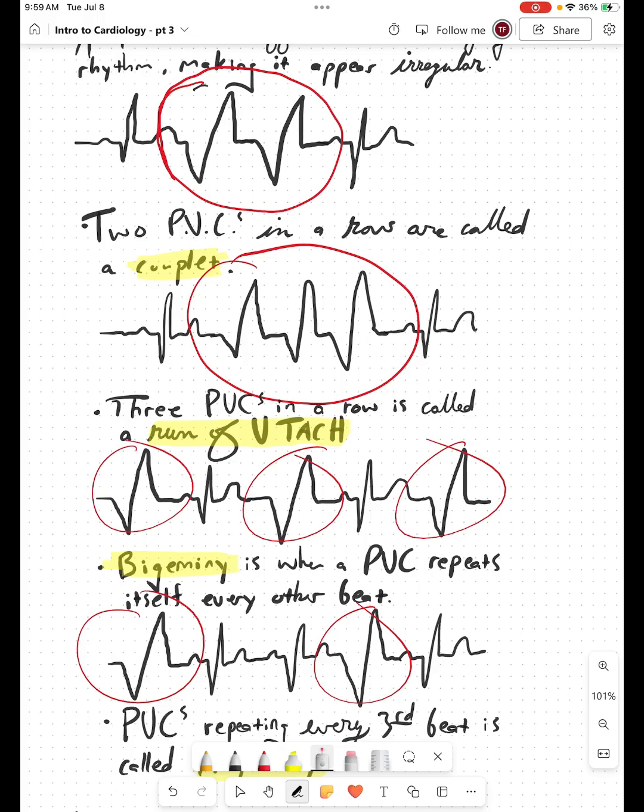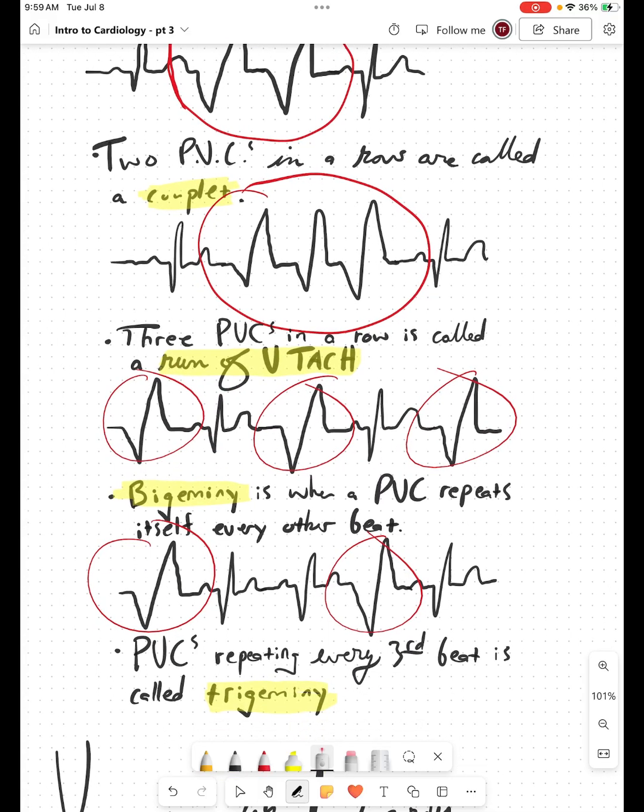Bigeminy is when they are every other beat: PVC, sinus beat, PVC, sinus beat, PVC. You can take that same concept and extrapolate it to trigeminy, which is going to be every third beat: PVC, sinus, sinus, PVC, sinus.